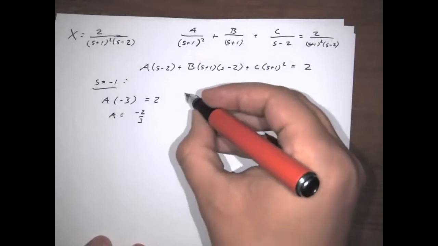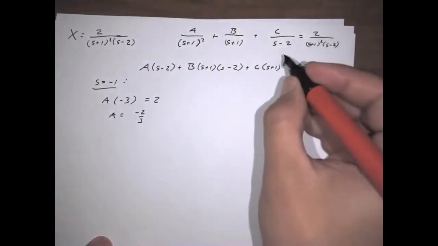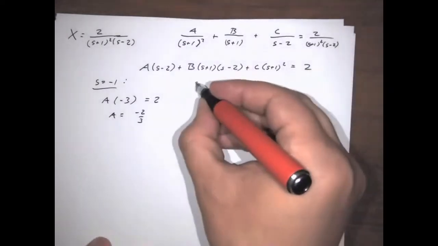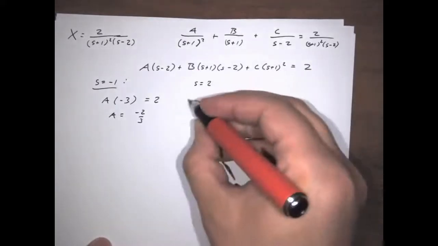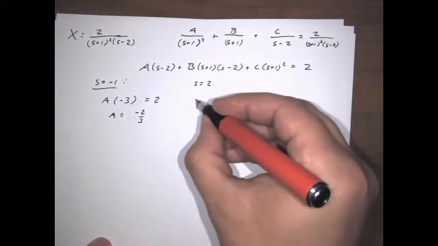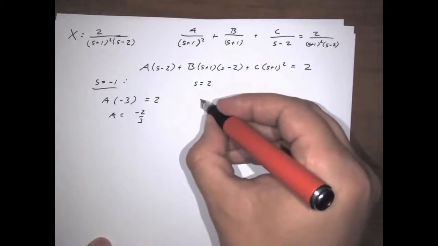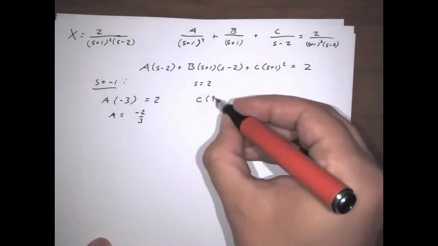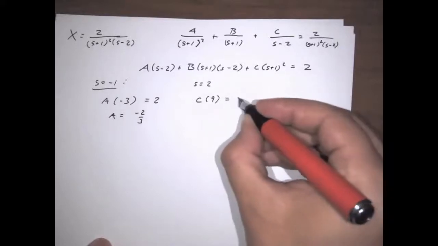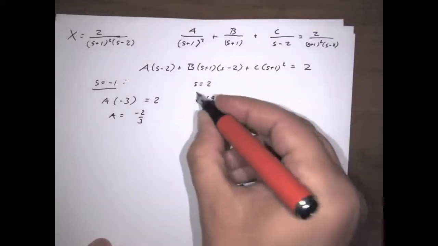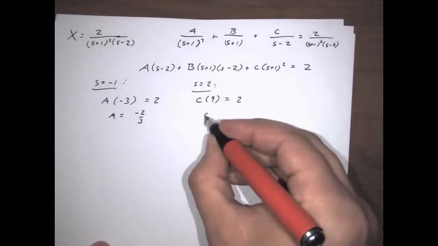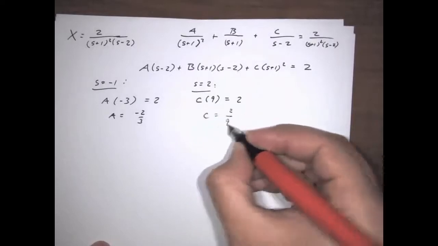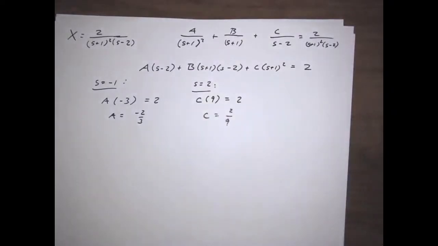And then as far as the C, we can get that by setting s equal to 2, and then that's going to be 0 plus 0, and then C times 9 is equal to 2. And so C equals 2/9. And then for finding the B, we can just do a similar thing to what we've done before.